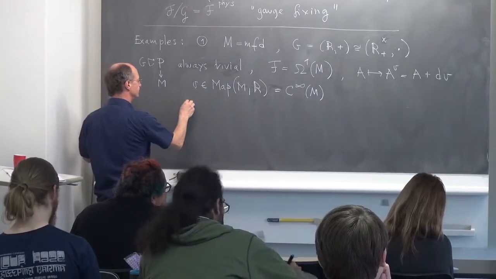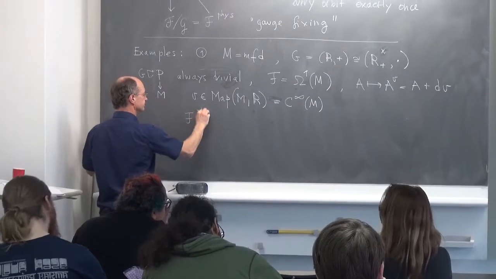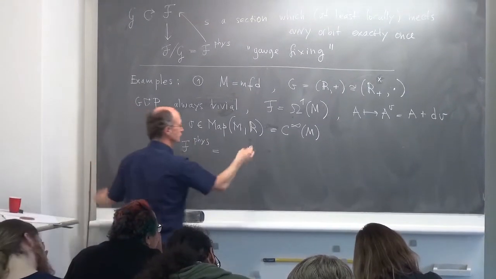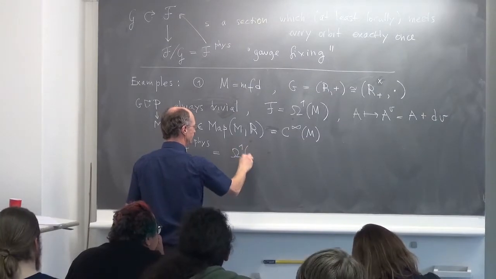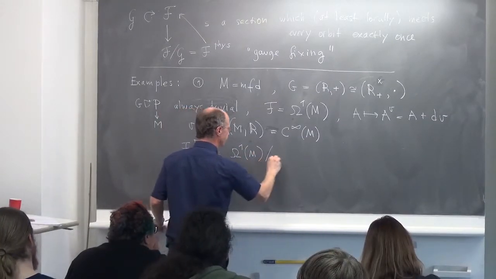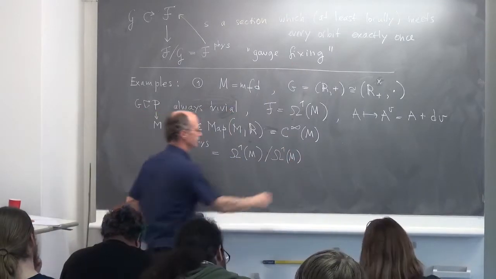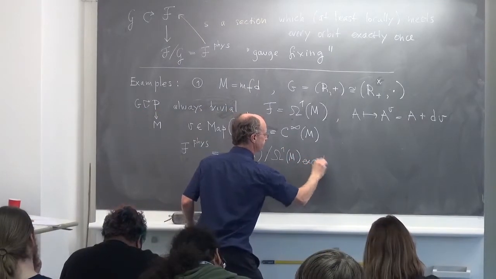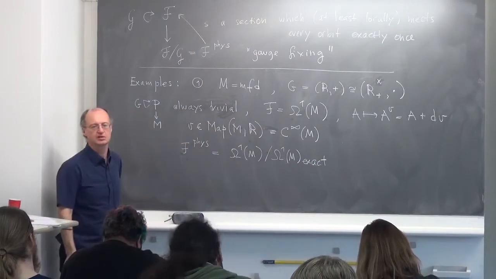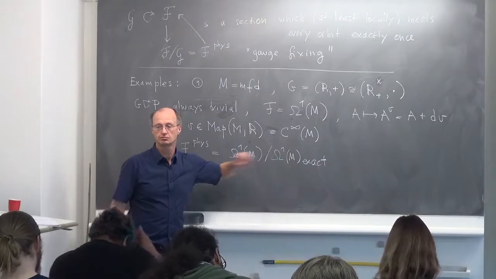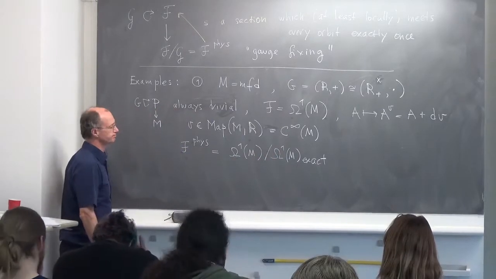So what is this quotient space, F physical? Well, here it's easy to say. It's omega 1 of M divided by omega 1 of M exact. So this is still a nice vector space.